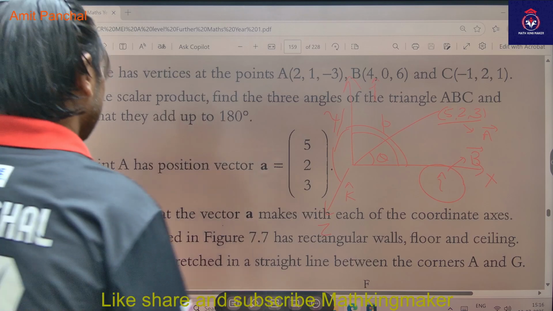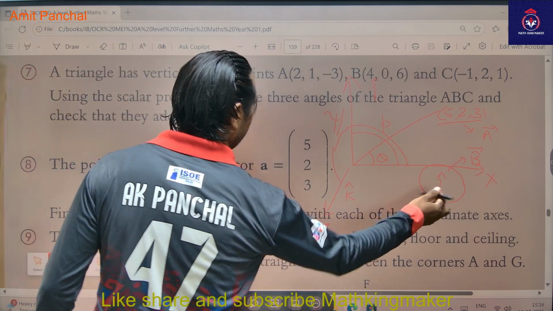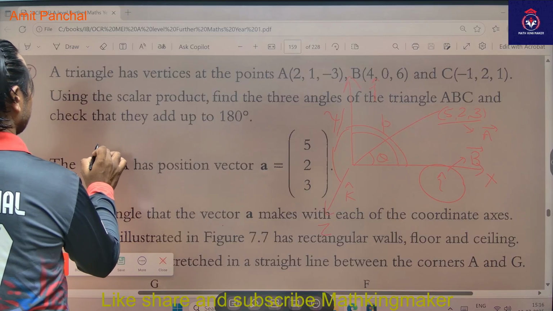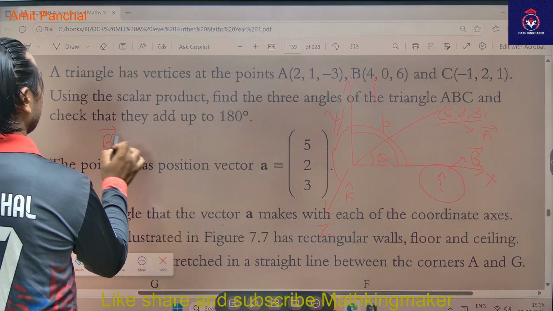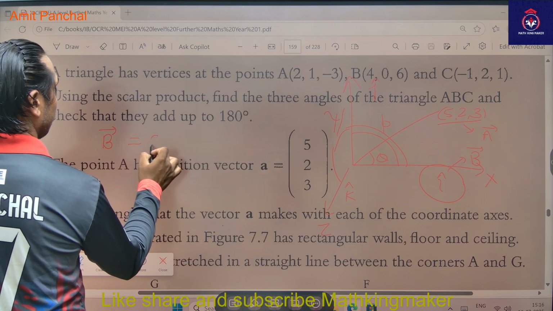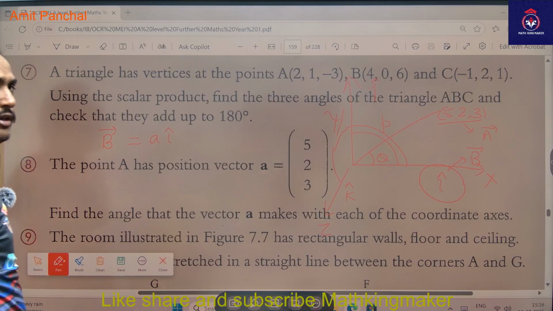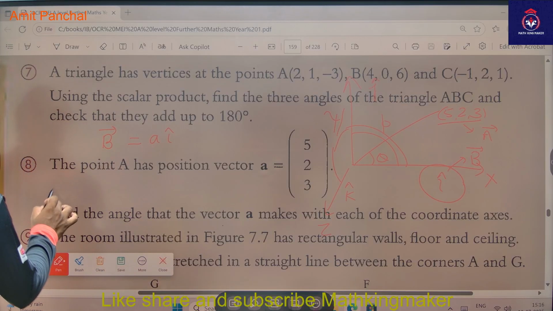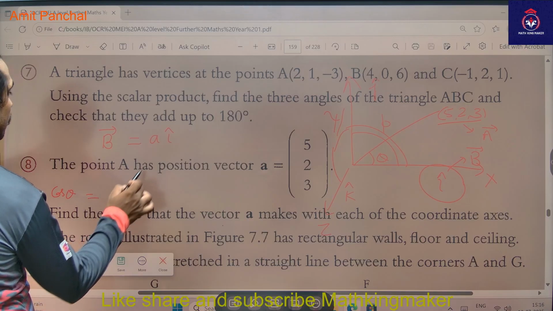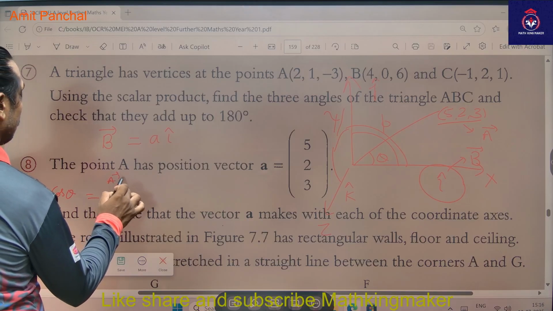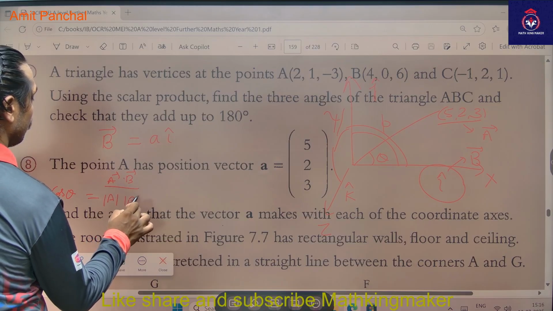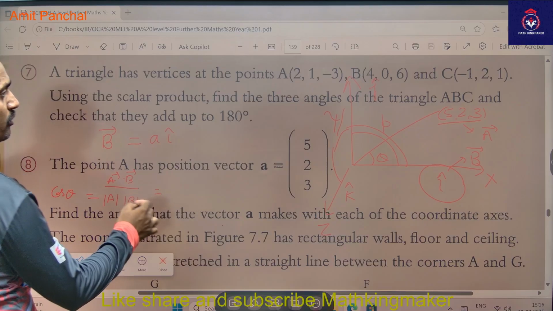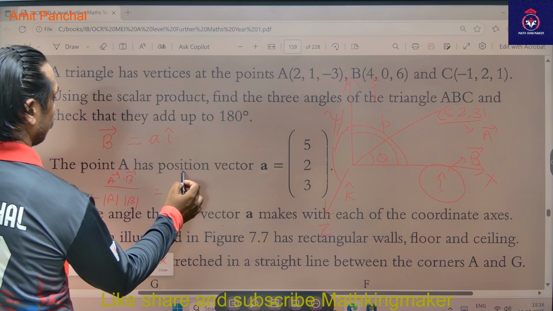If you are taking this vector along the x-axis, let us say it is the B vector, and you are saying let us say it is A. So cos theta is how much? Cos theta will be the dot product of A and B divided by the magnitude of A and B. So the dot product of A and B will be 5a.